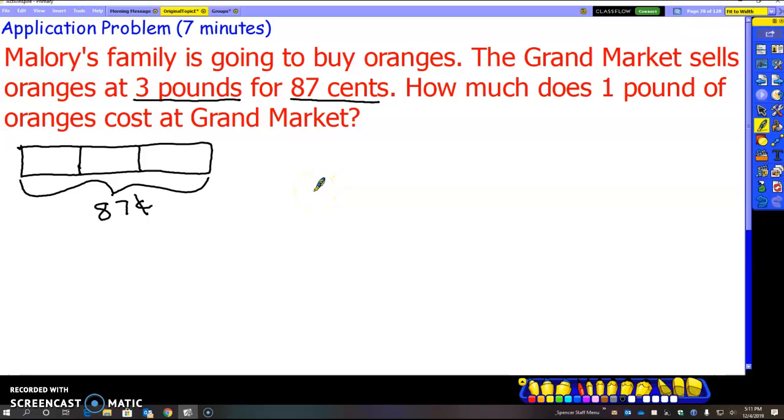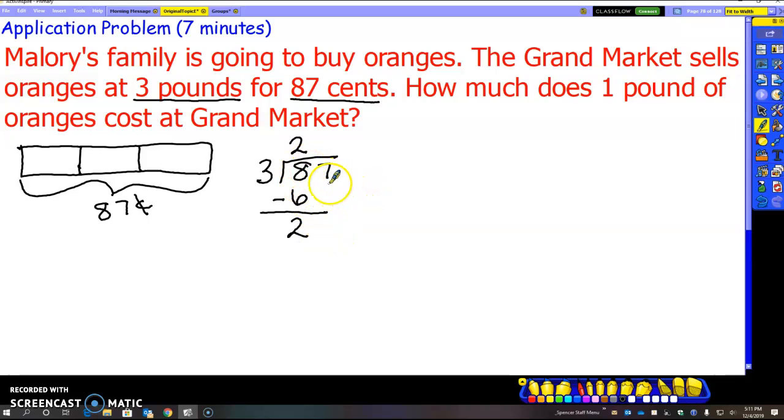Hopefully that makes sense. So if I have 3 pounds going into 87 cents, 3 goes into 8 twice. 3 times 2 gets us 6. So we subtract 6, and I'm left with 2 tens.